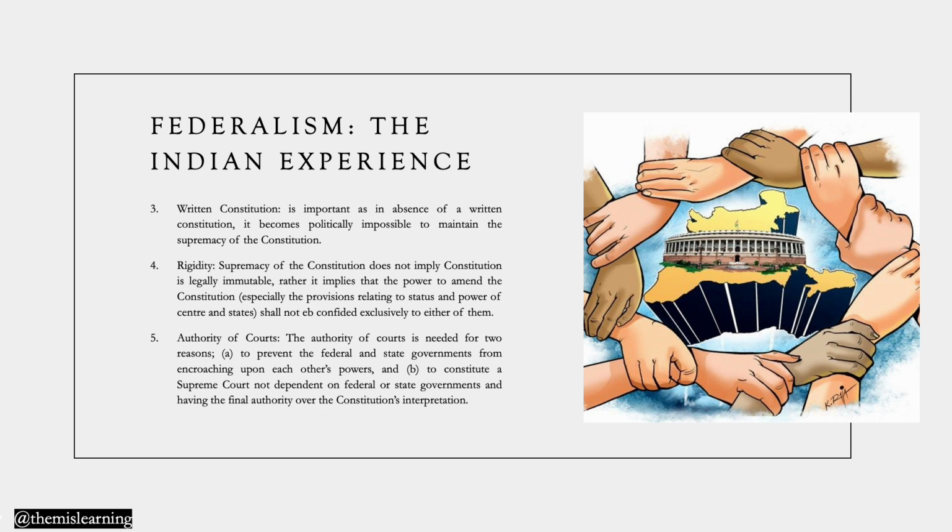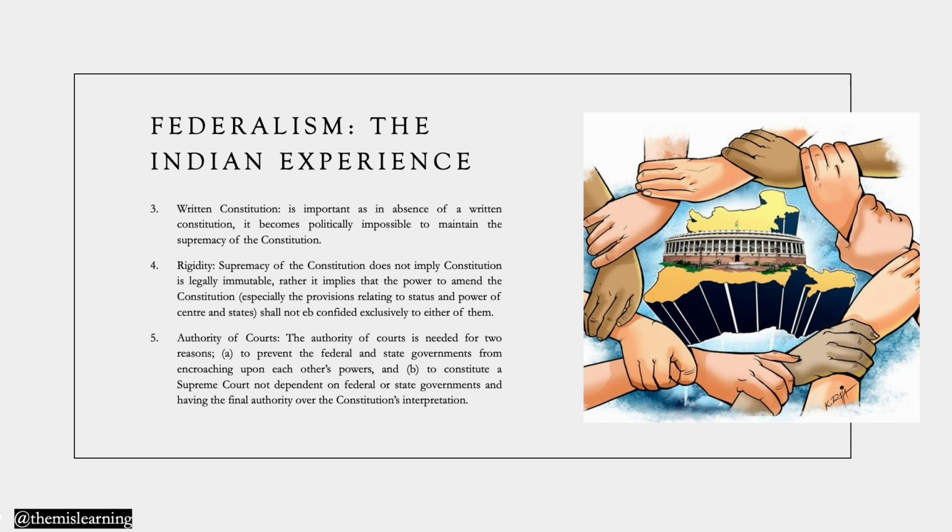Thirdly, there should be a written constitution. A written constitution is important as in the absence of a written constitution, it becomes politically impossible to maintain the supremacy of the constitution and to maintain the relationship between the constituent states and the central government.